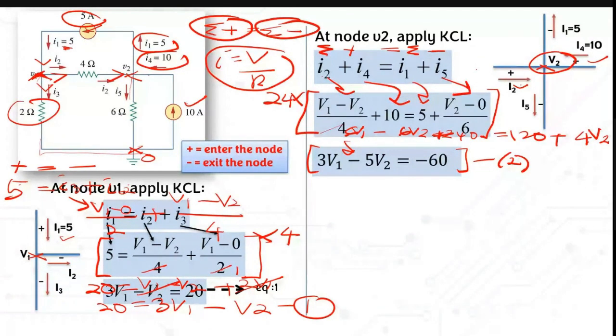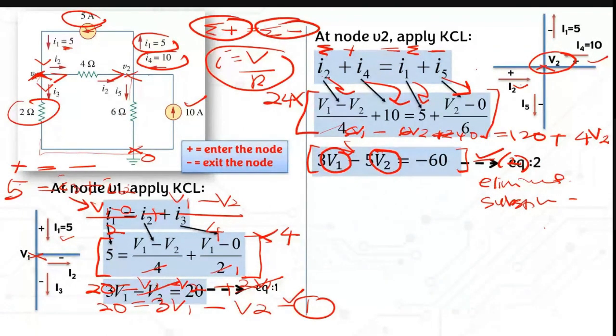So you already have two equations, where you have this equation and this equation. When you have these two equations, you can solve to get V1 and V2. Like I said before, you can use the elimination method or the substitution method. This is very mathematical.